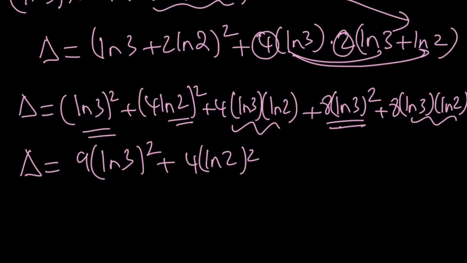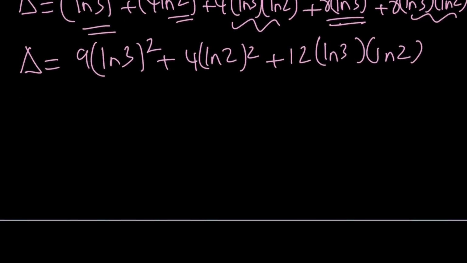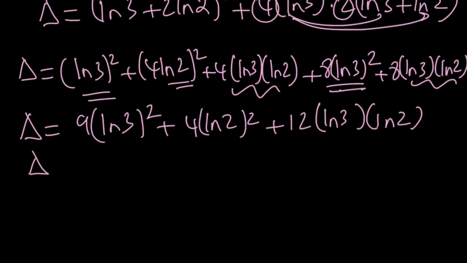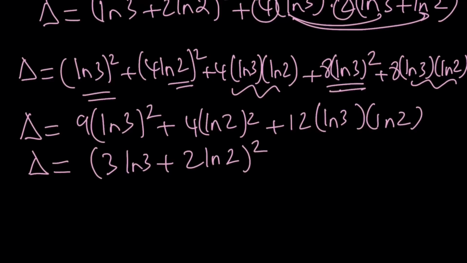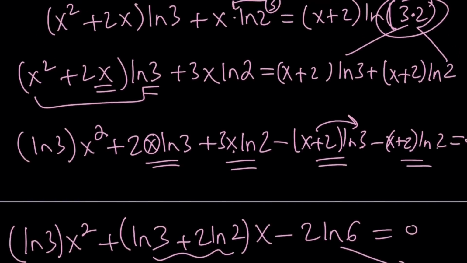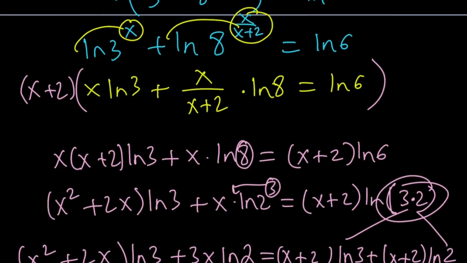Those are like terms, so when I add them, that's going to be 12 times ln 3 times ln 2. And guess what? This is a perfect square. 3 ln 3 plus 2 ln 2 quantity squared is going to give us this. Because if you call this A and call this B, you'll get the idea. So since that's the discriminant, we can plug it in here.